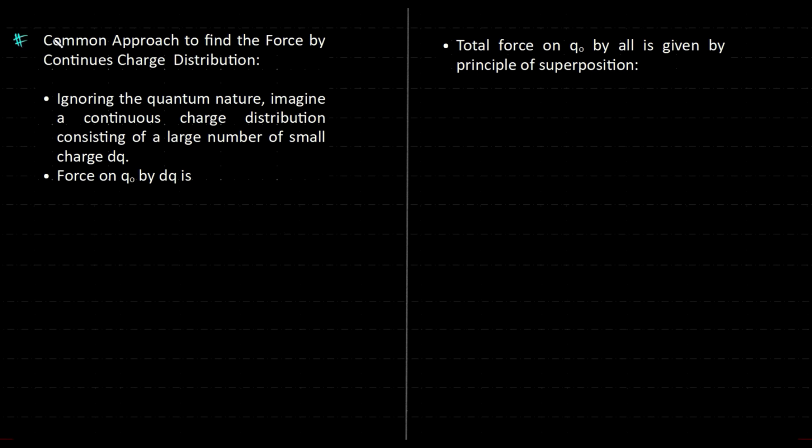Okay. So let me put it officially. The common approach to find the force and of course thus your electric field by a continuous charge distribution is the following. We need to start off with a statement that, ignoring quantum nature, imagining a continuous charge distribution consisting of a large number of small charges dq. You guys understood what is dq, right? So we have, say, a cloud of charge, right?